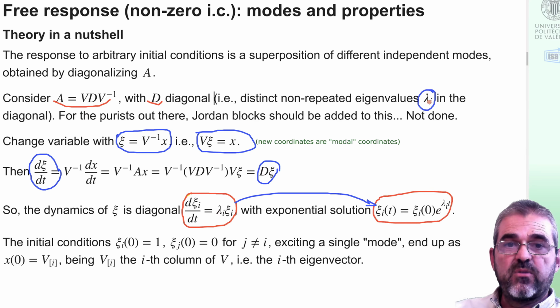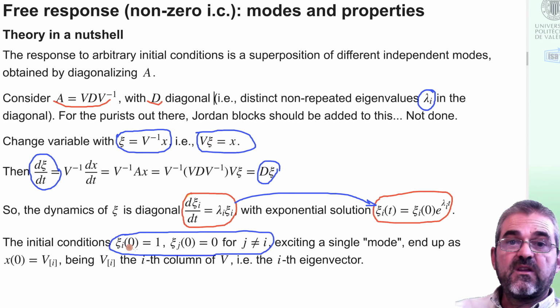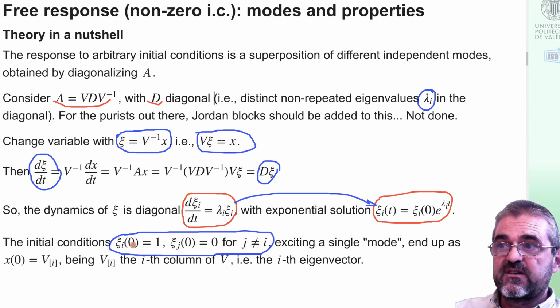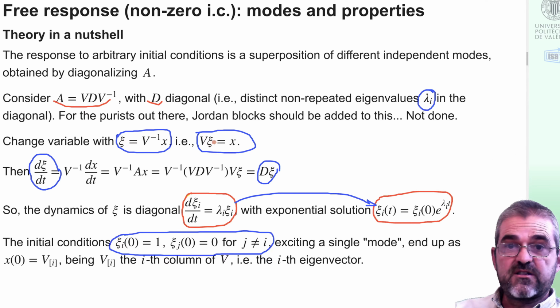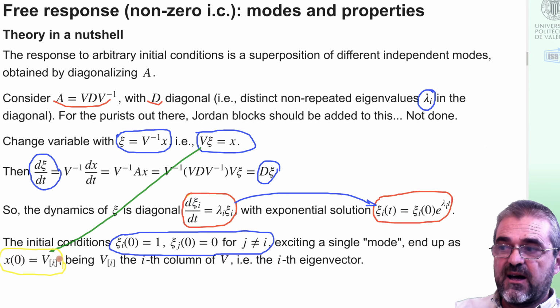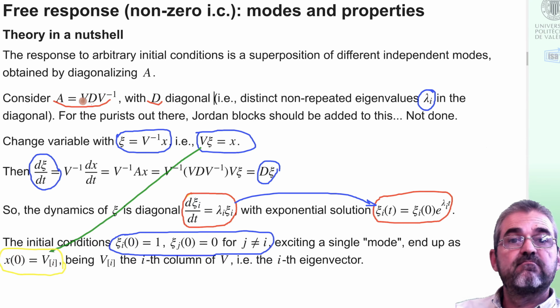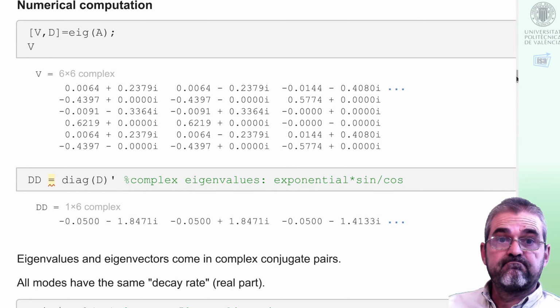So lambda i are the poles of the system, and xi are the modes associated to that pole in these new coordinates, but in the old coordinates, if I set a single element of xi equal to 1 and the rest to 0, then, thinking in this expression, it ends up corresponding to an initial condition being the ith column of the eigenvector matrix V. So this is the theory. Let's go with a numerical computation.